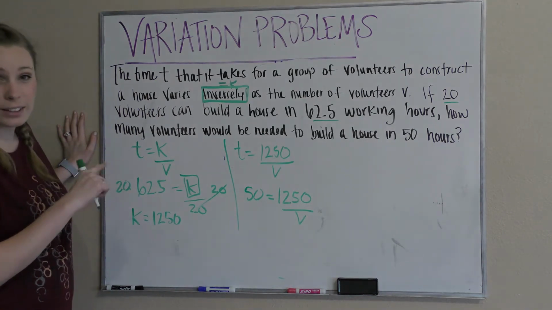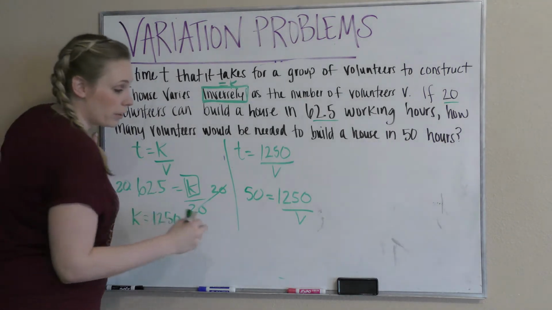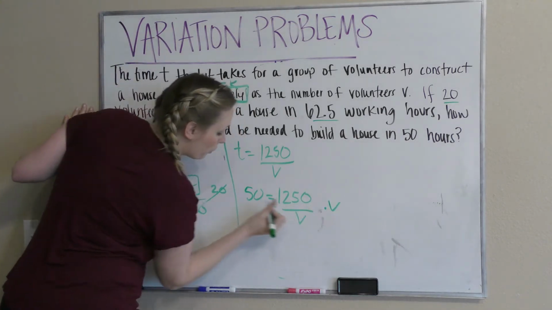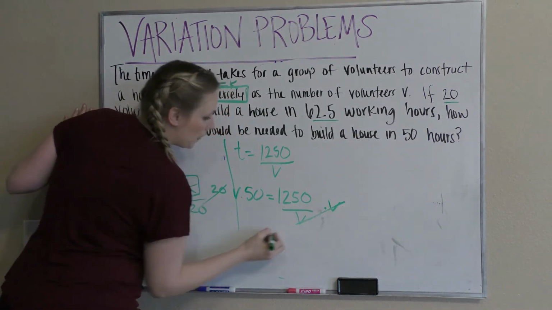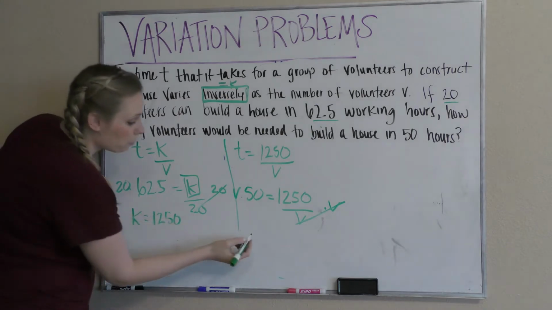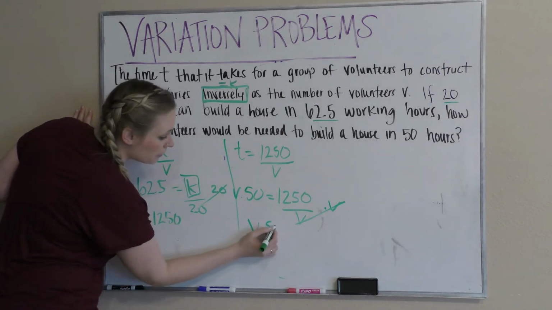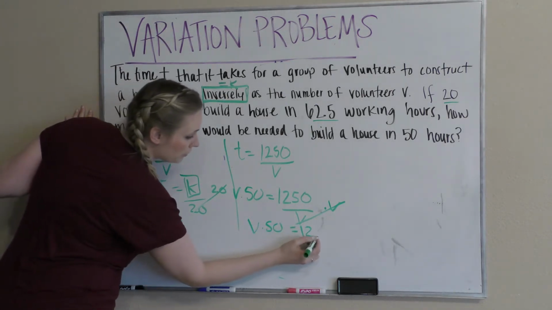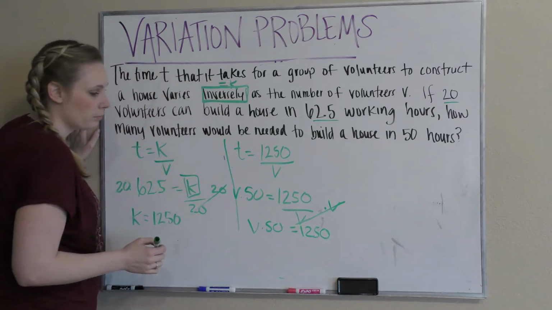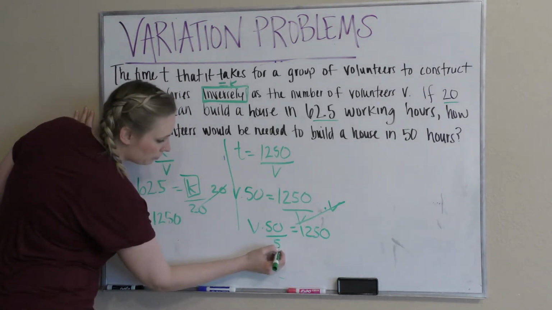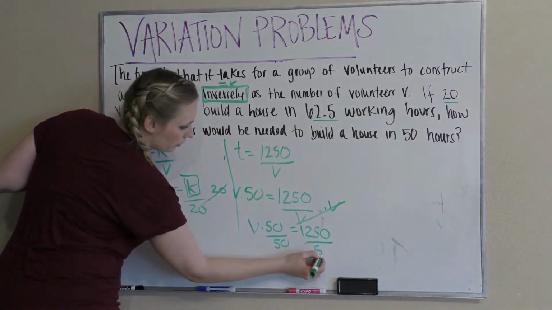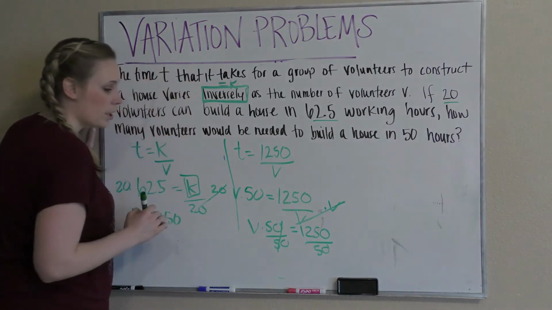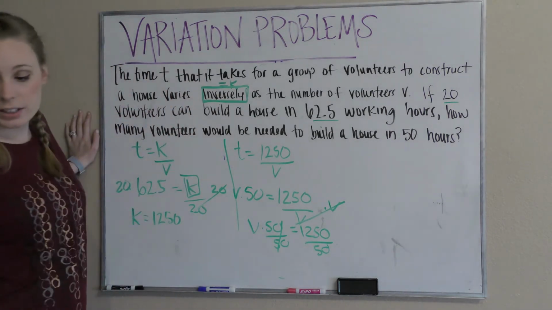We need to get v out of the denominator. And so our very first step is going to be to multiply by v. So right now what we have is v times 50 equals 1,250. Now we divide by 50. So v equals 1,250 divided by 50.